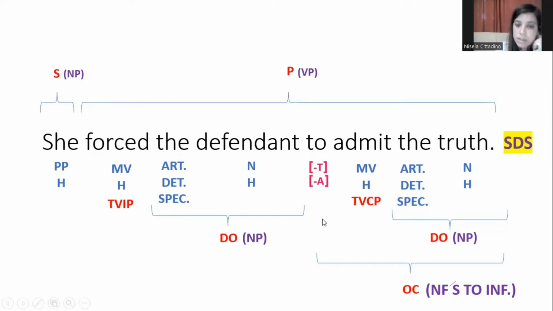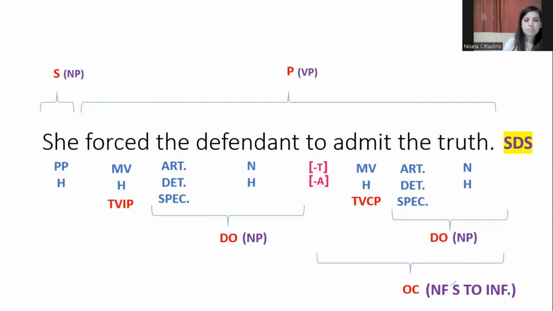She forced the defendant to admit the truth. She is the noun phrase. Forced the defendant to admit the truth is the predicate and the verb phrase. She is a personal pronoun and the head of the noun phrase.